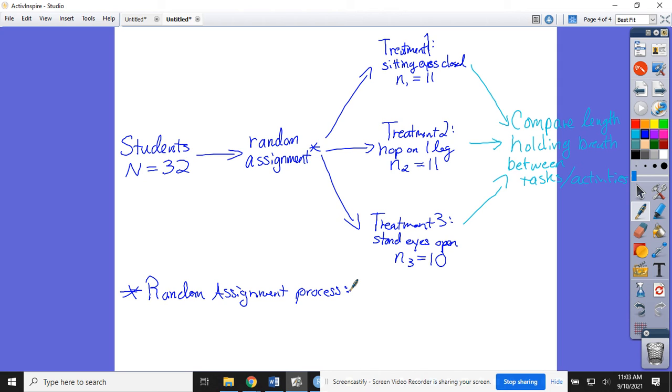So what did I do with you guys at the beginning of how I randomly assigned you? What did I do to give you a number? I didn't just go 1, 2, 3, 4. So put students in order, and order by seating.